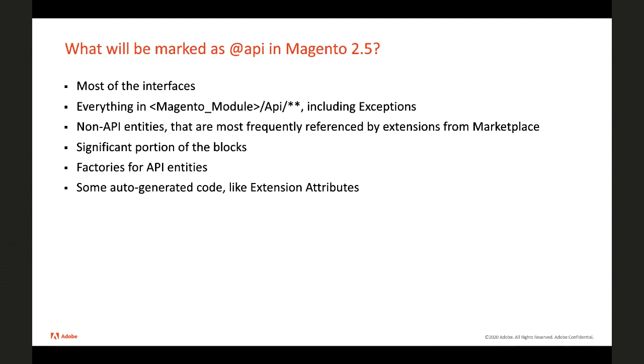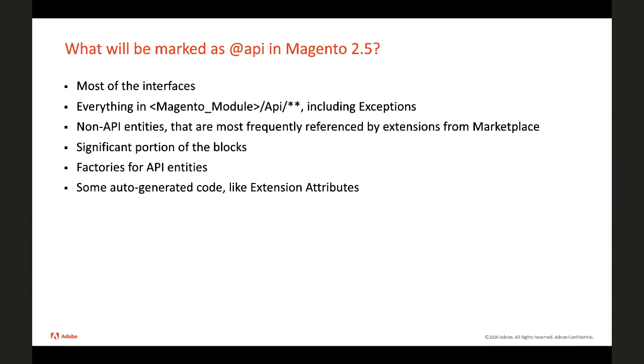The third case is non-API entities that are most frequently used by extensions on Marketplace. We did analysis of extensions on Marketplace using our tools, and we collected most frequent violations of existing API contracts. Based on ranking, we selected top probably like 300 violations.